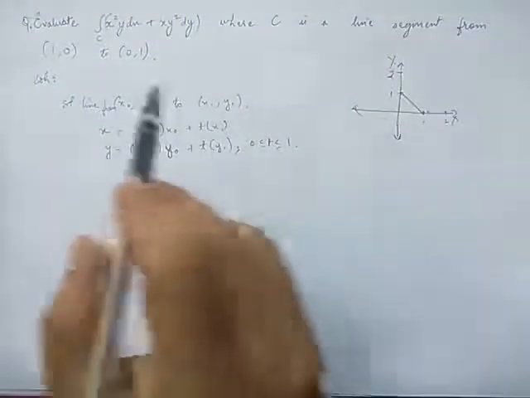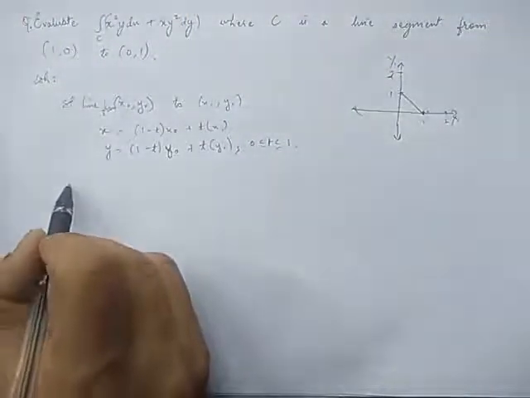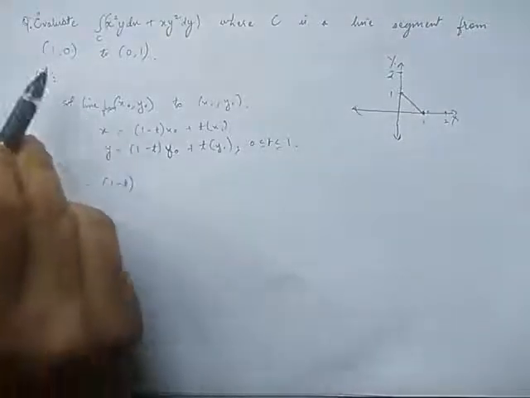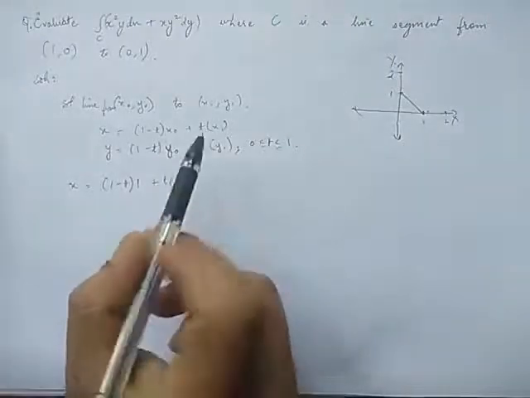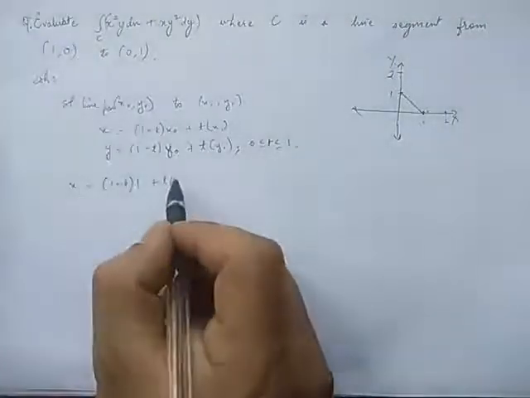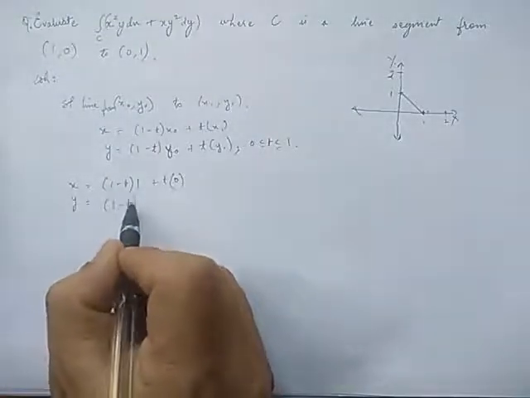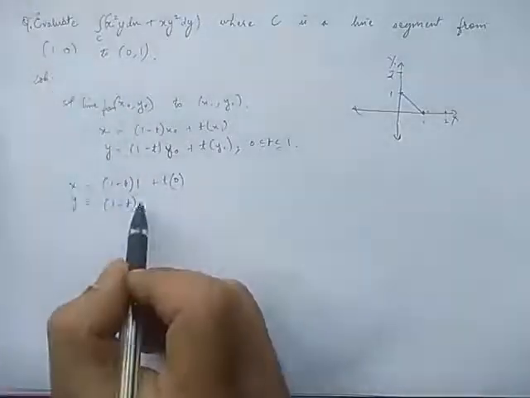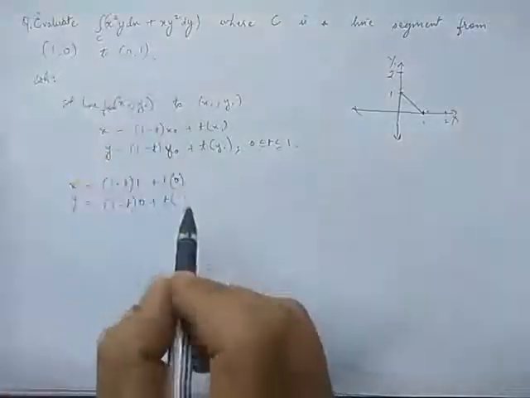So in this case, my x will be (1 minus t) times my x0, which is 1, plus t times my x1, which is 0, and my y is (1 minus t) times my y0, which is 0, plus t times my y1, which is 1.